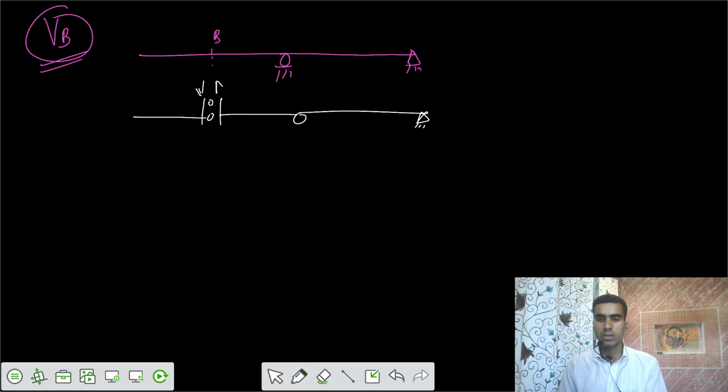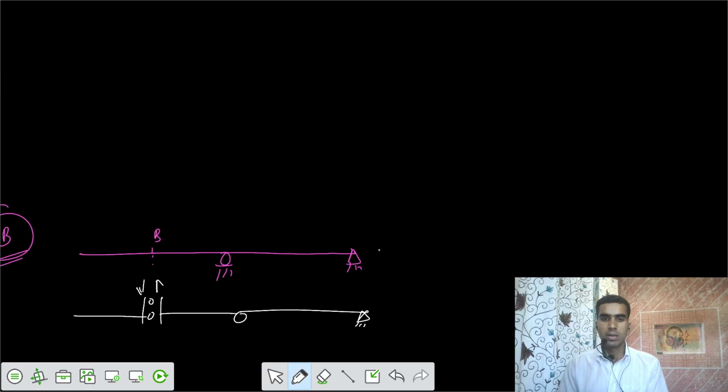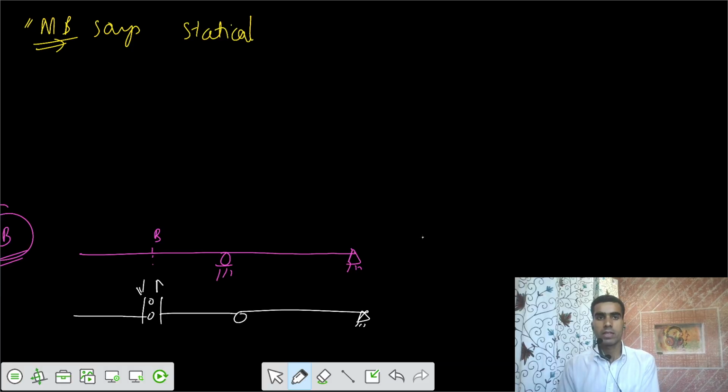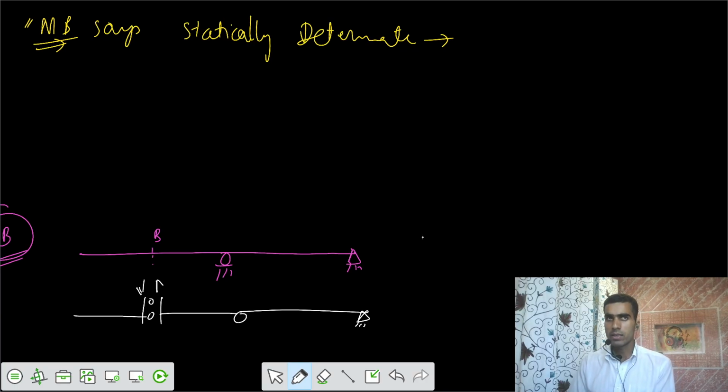One thing is that the Muller Breslau principle says that if you have a statically determinate beam, you join the ordinates. Once you get the critical ordinates, we join them.